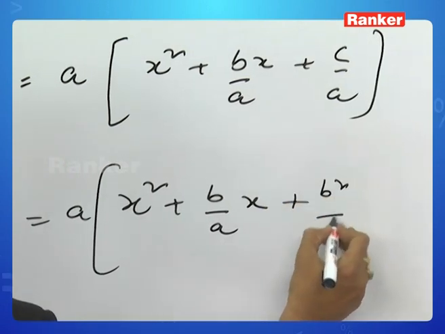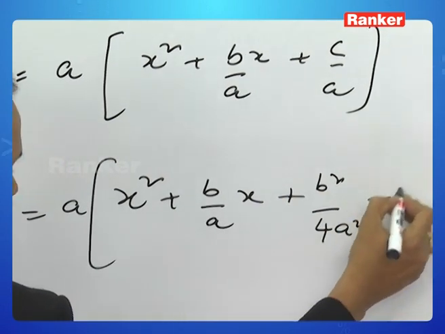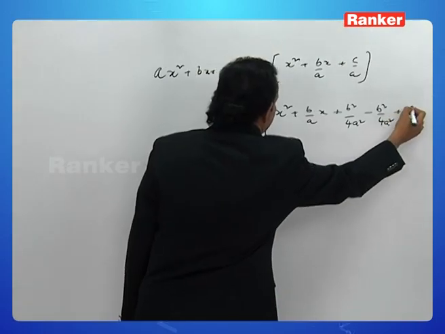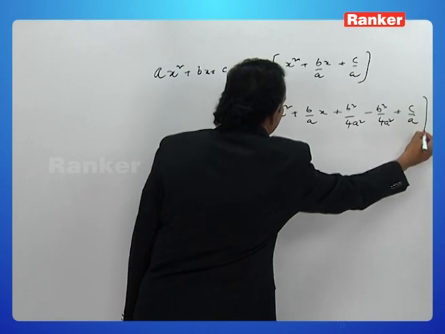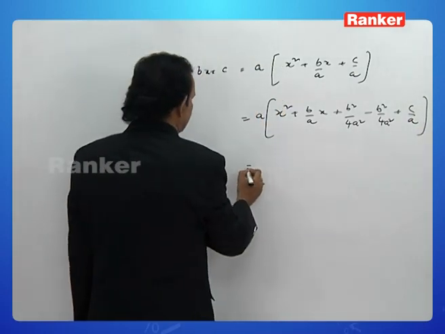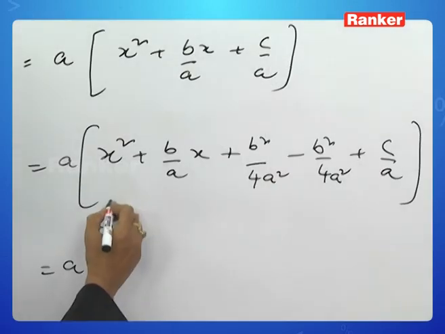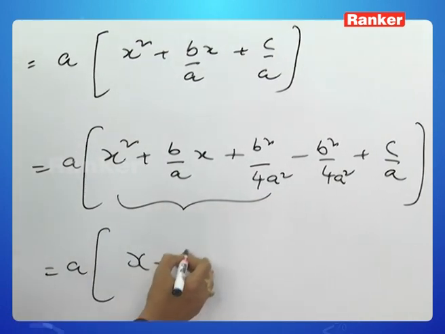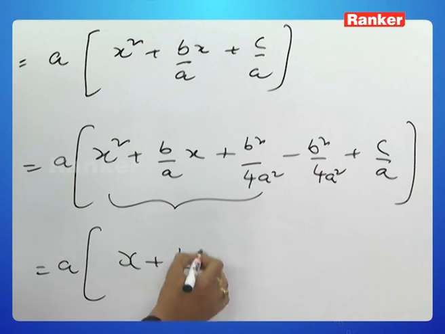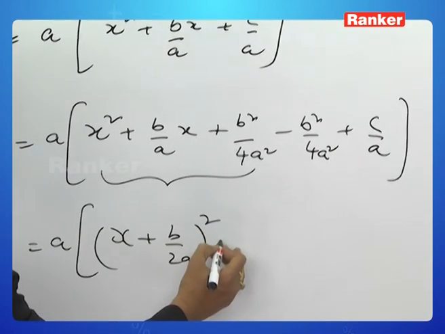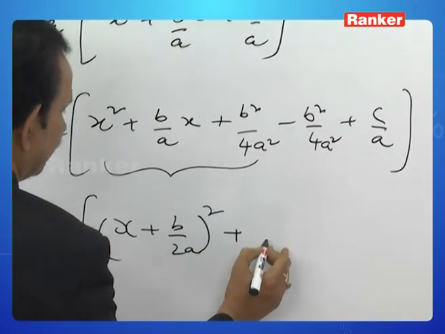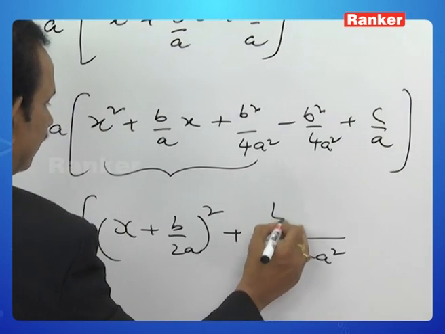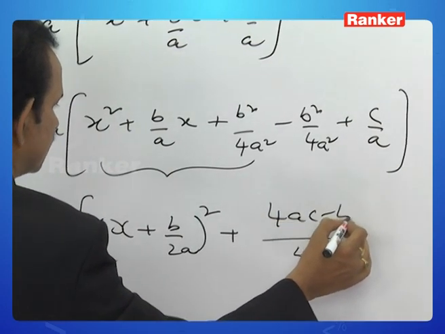Let me add b square by 4a square and subtract the same. Definitely it makes no difference at all. This is equal to a into, observing these three, you can have this as x plus b by 2a whole square plus, if you take this as the LCM, 4a square, 4ac minus b square.